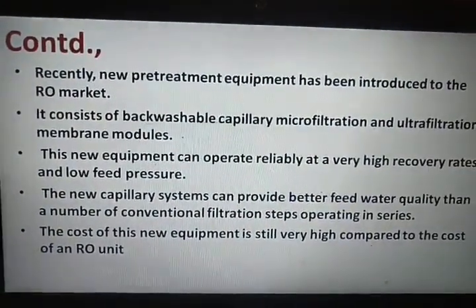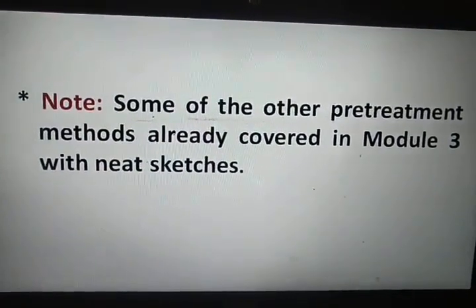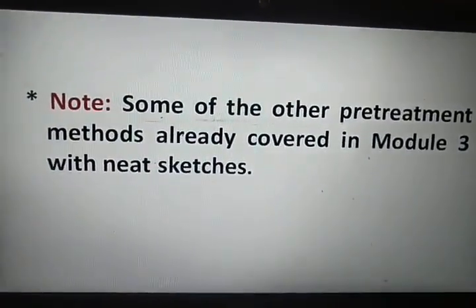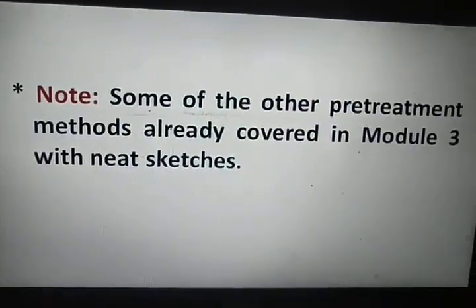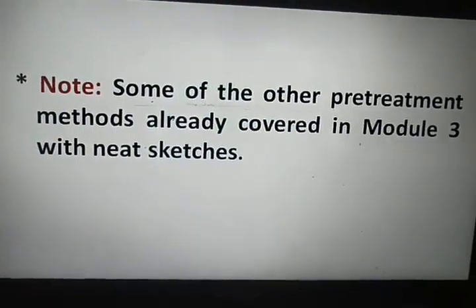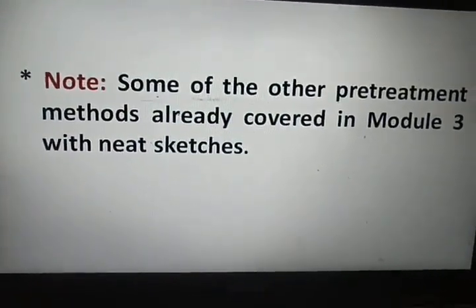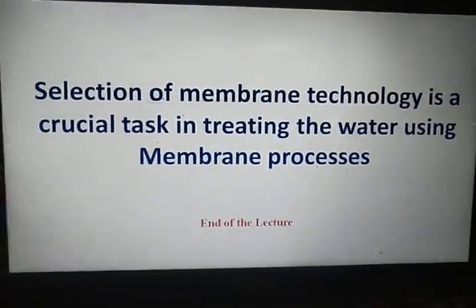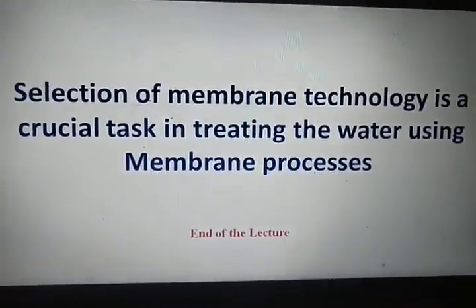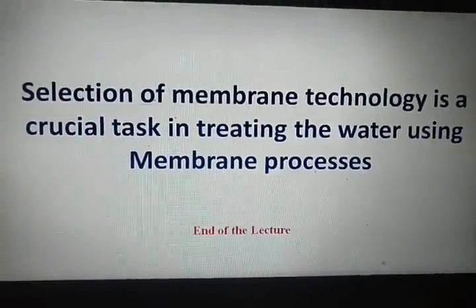Considering all this, we have discussed some of the pre-treatment methods already in module 3 with some sketches, that is powder activated carbon, biofiltration methods, disinfection using chlorine and passing of water through the bed of filters, etc. And at the end, I can say the selection of membrane technology is a crucial task in treating water using membrane processes.